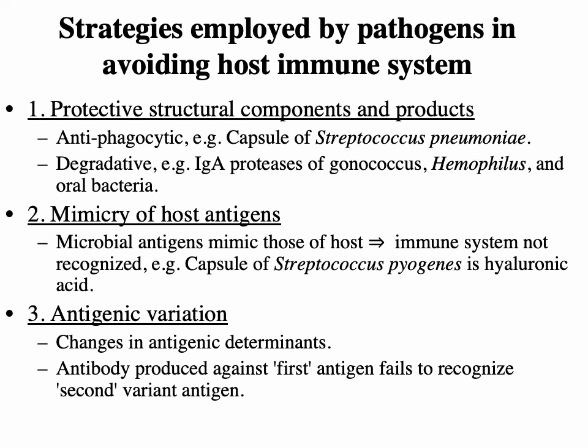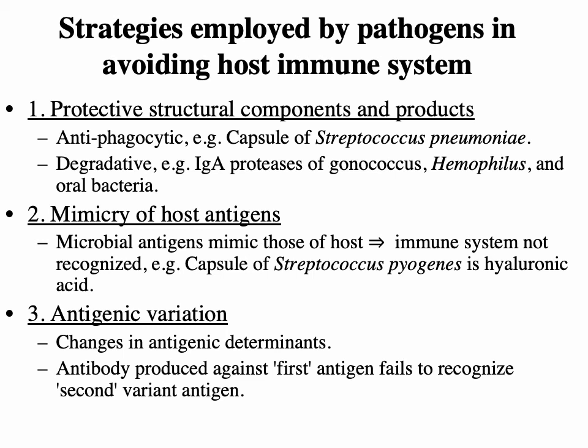Many bacteria like gonococcus, the organism causing gonorrhea, Haemophilus, which can cause pneumonia, and many other oral bacteria are well known to produce a protease that's specific for cutting up IgA. So you destroy the IgA, then IgA cannot bind to them to neutralize them.